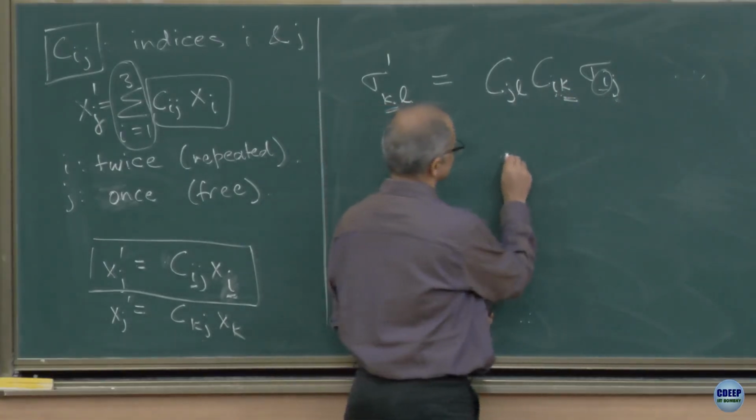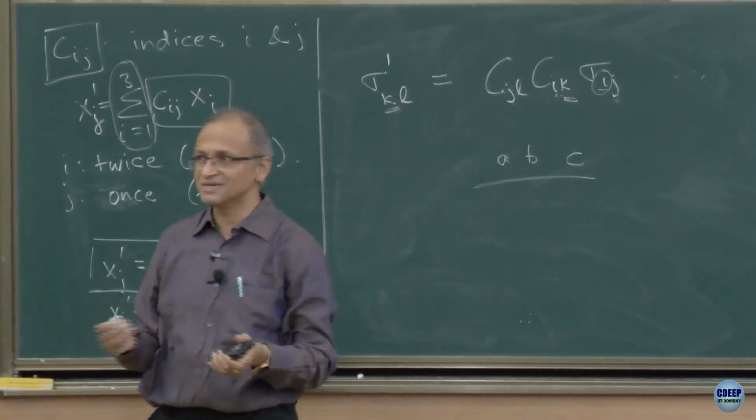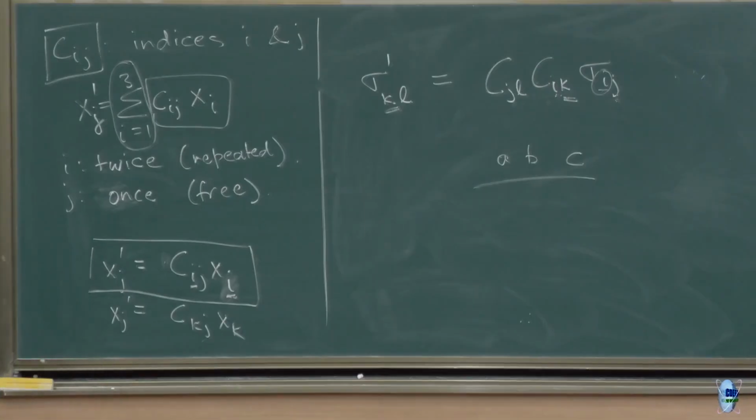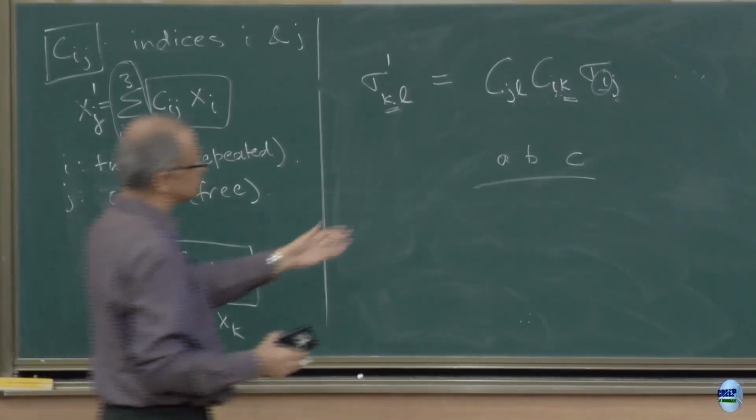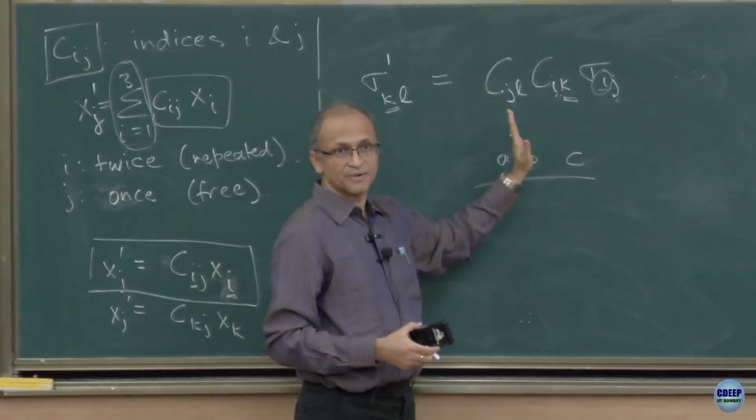Now what is the good thing about it? You can see that this is of the form ABC. In algebra, we know ABC can be written as BAC, ACB, etc. So I don't have to bother about where I put these C's. It will automatically take care of itself.